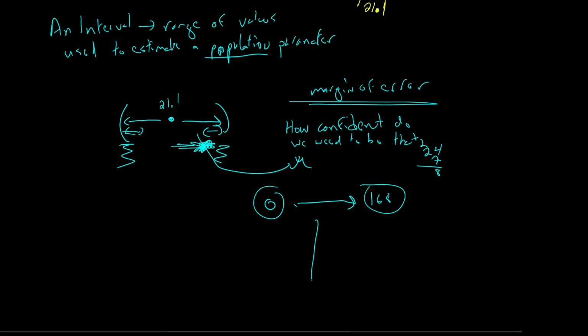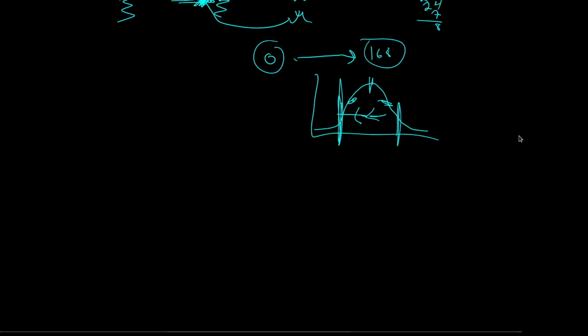And what we're secretly hinting back to is we want to be able to talk about how much stuff we can wedge around our mean, and have the chance, the probability, of the true mean being in there. It becomes a probability distribution. And so when we talk about confidence, we're talking about how certain or how sure or how likely it is that our true mean is in there.